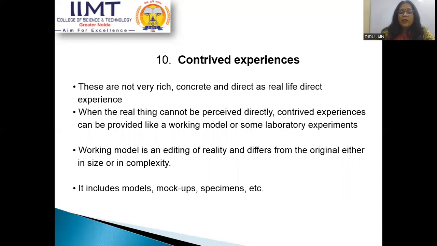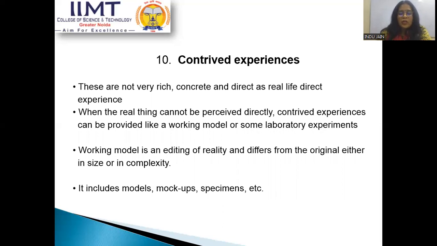When the real thing cannot be perceived directly, contrived experiences can be provided, like a working model or some laboratory experiments. Take an example of the solar system. It is not possible to bring the solar system to the classroom, but we can make a working model to explain the rotation and revolution of the planets around the sun.